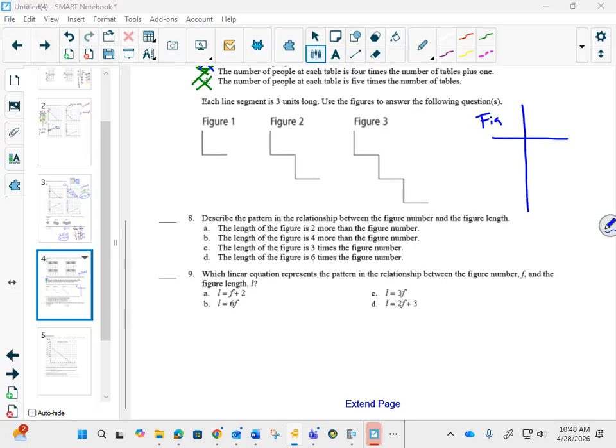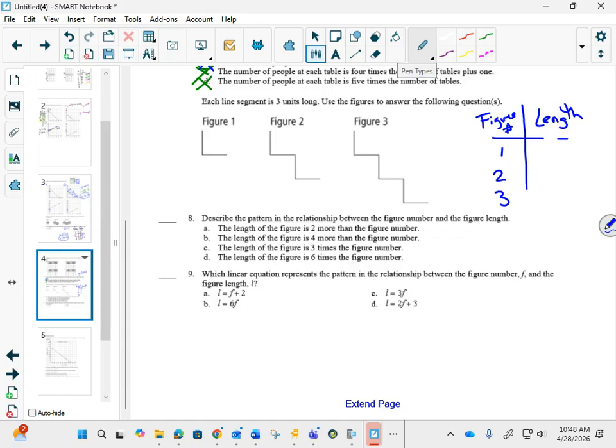Here we go. We've got figure number 1, 2, 3. Each line segment is 3 long, so we have to read the question carefully.